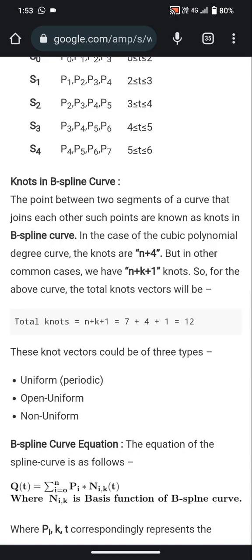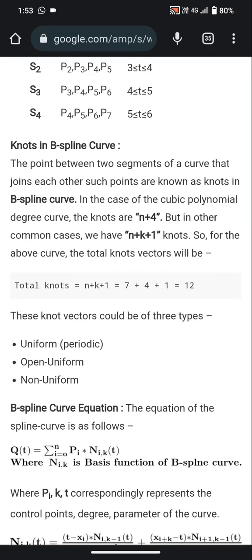Nodes in B-spline curves. The points between two segments of a curve that join each other are known as nodes in B-spline curves. In the case of a cubic polynomial degree curve, the nodes are n plus 4, but in other common cases we have n plus k plus 1 nodes.